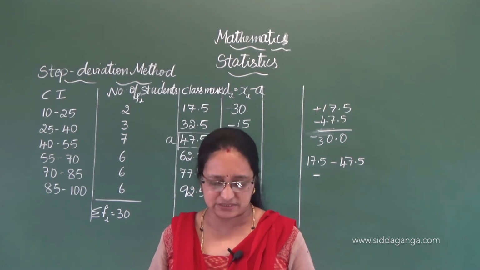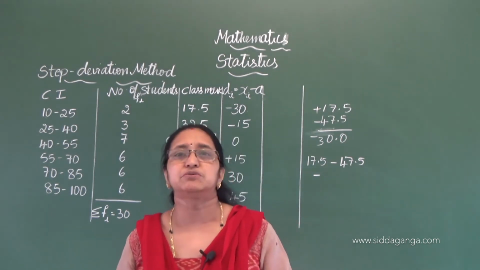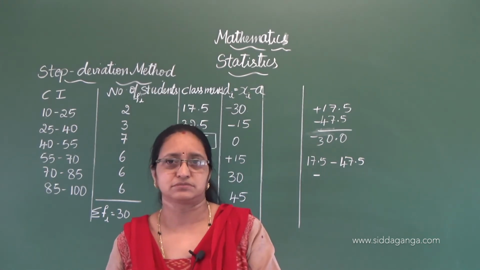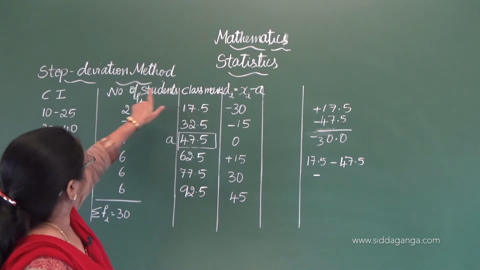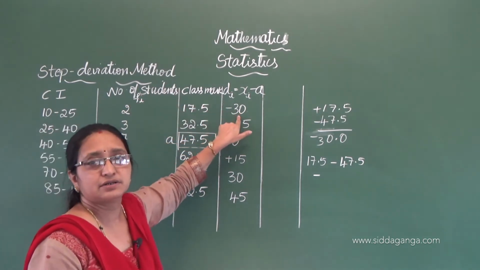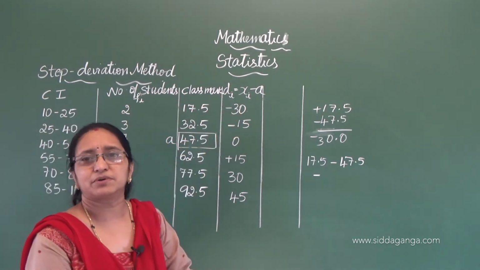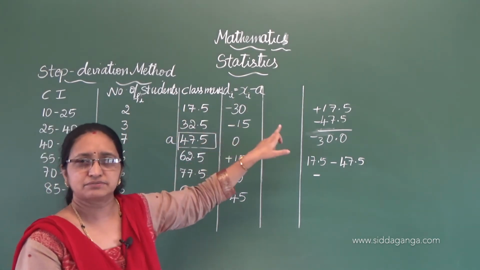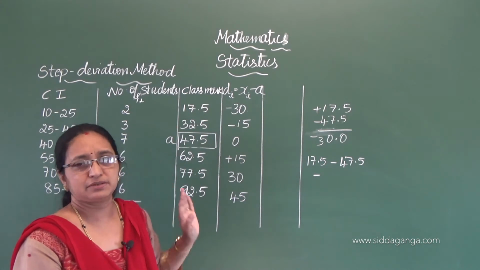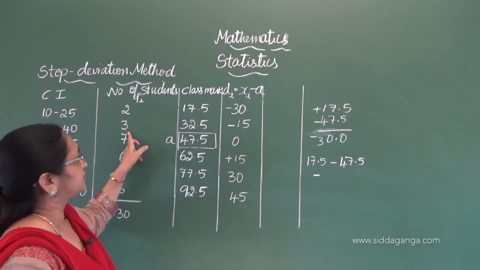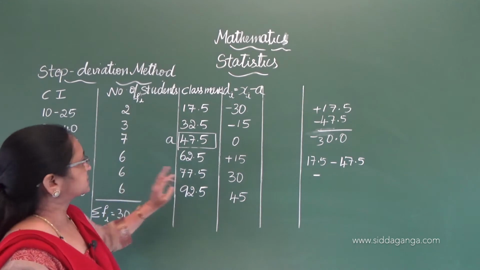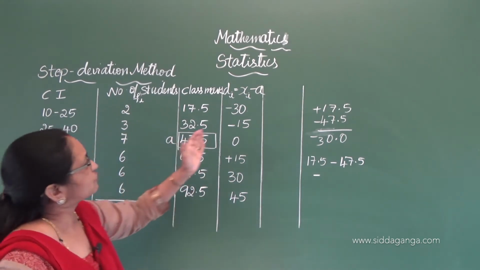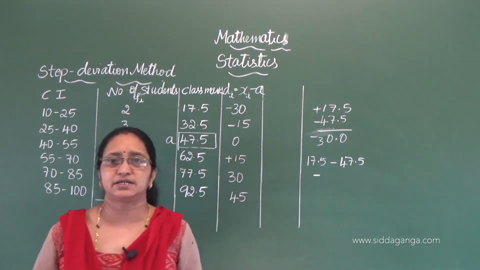In the assumed mean method, what did we do? We found Fi di, that is Fi into di. Please note, this is a very important step. We did minus 30 into 2, minus 15 into 3, 0 into 7, like this, 15 into 6, 30 into 6, 45 into 6. Then we found Fi di.